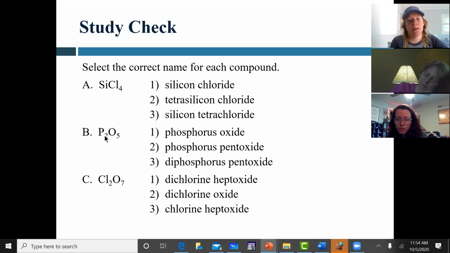This one here, diphosphorus pentaoxide. They give you an option of number 2 where they drop the di. You can't drop di, tri, tetra, or anything on the first one, only the mono. This one here, we've got dichloride rather, heptaoxide 1.